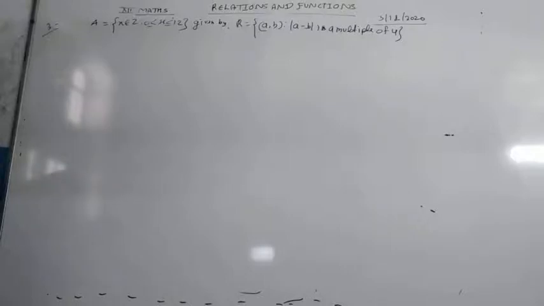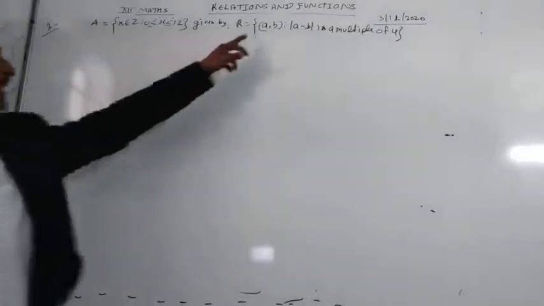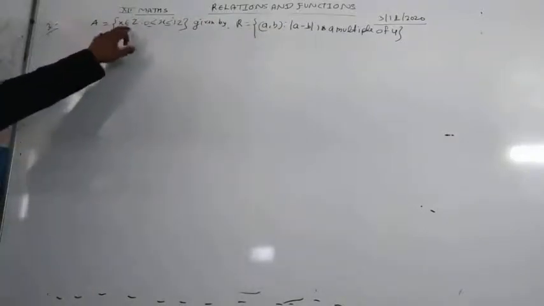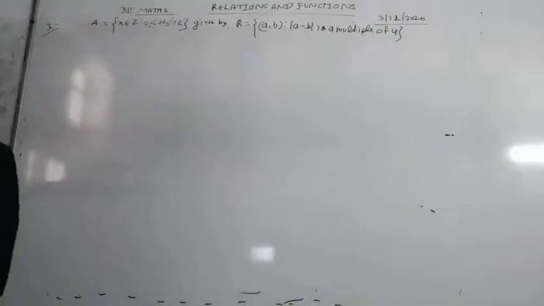We have to show that the relation R on the set A, which is 0 to 12: 0, 1, 2, 3, 4, 5, 6, 7, 8, 9, 10, 11, 12, given by the relation R, a minus b is a multiple of 4, is an equivalence relation. Okay, so this a and b belong to the set, any number from 0 to 12.